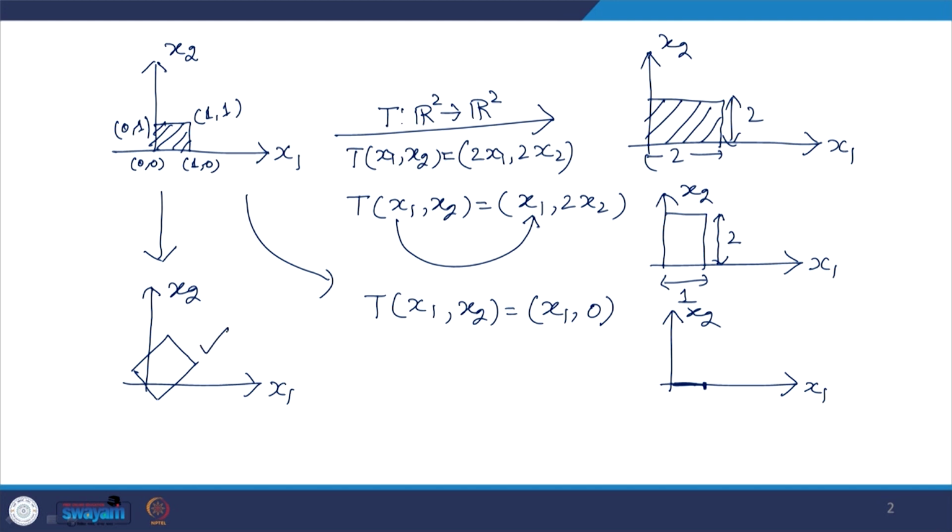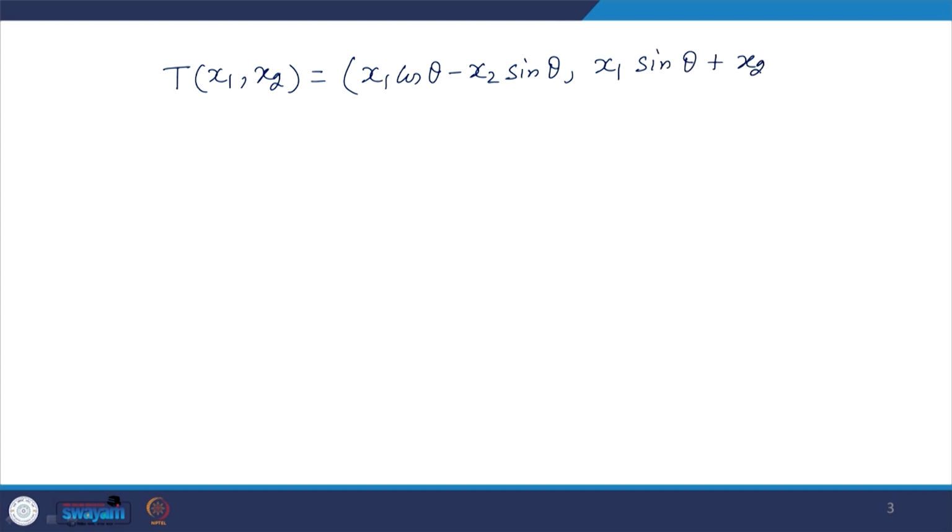The linear transformation will be T of x1 x2 equals x1 cos theta minus x2 sin theta, and x1 sin theta plus x2 cos theta.